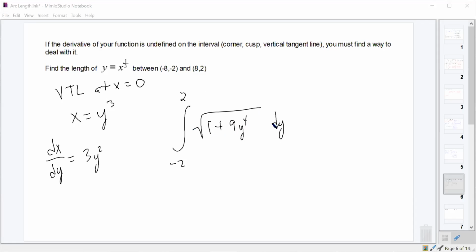Good or no? You guys agree with 17.261? Cool.